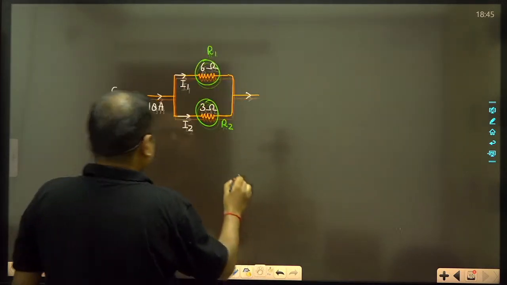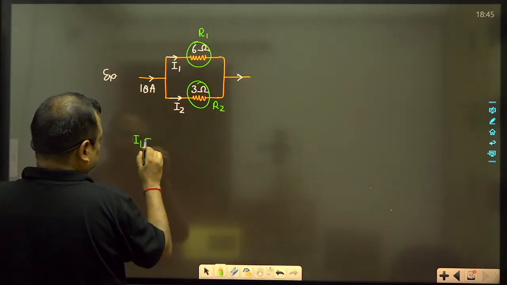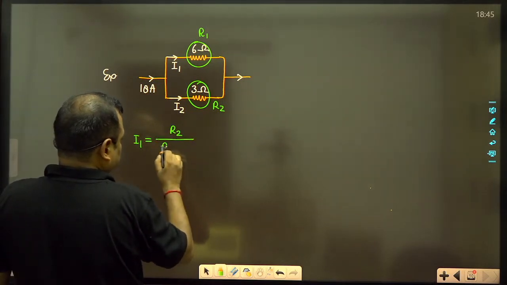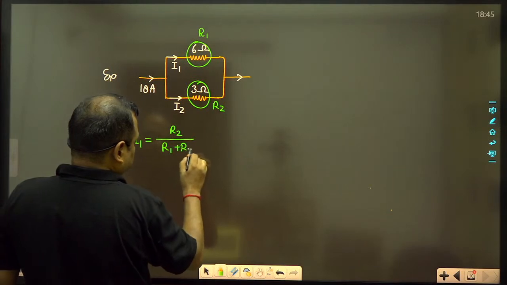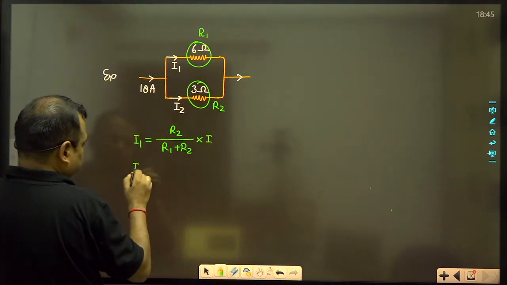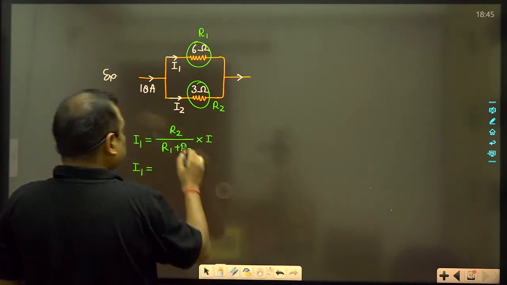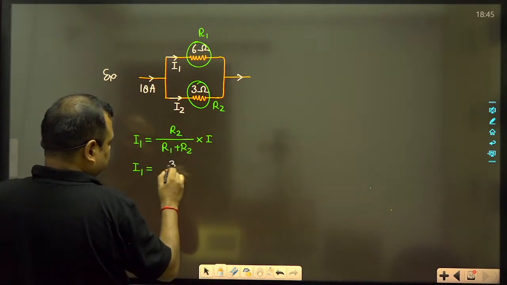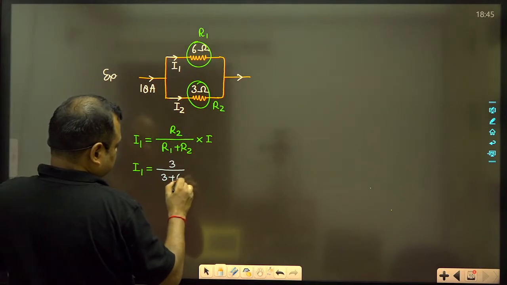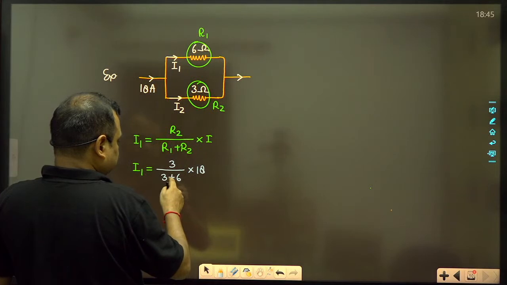Okay, so now guys, here we can see that I1 is equal to R2 upon R1 plus R2 multiplied by I. Okay, so I1 will be equal to R2, R2 means 3, upon 3 plus 6, multiplied by 18.